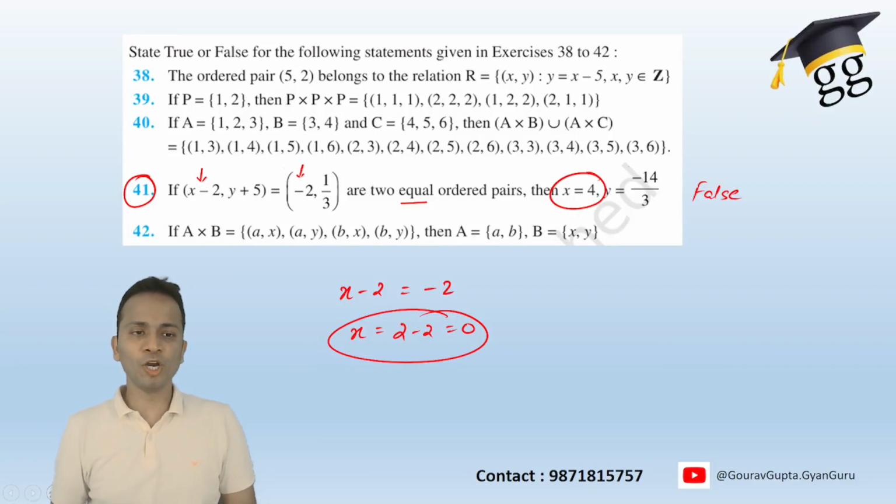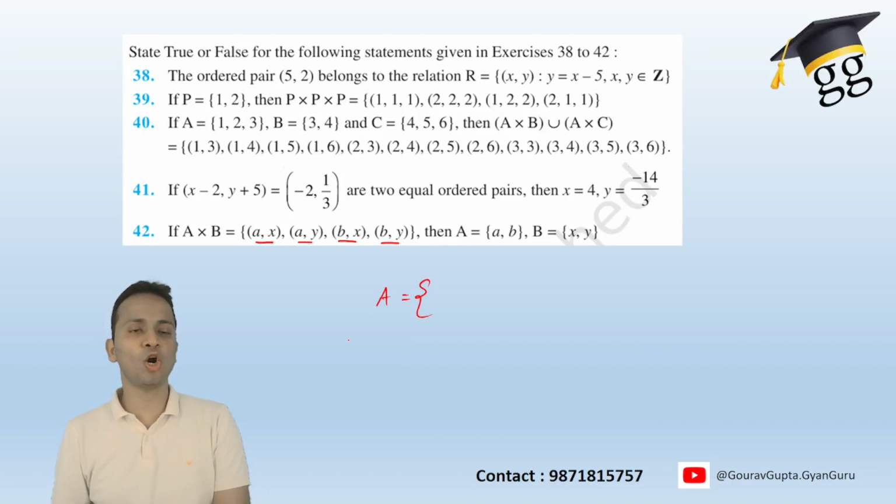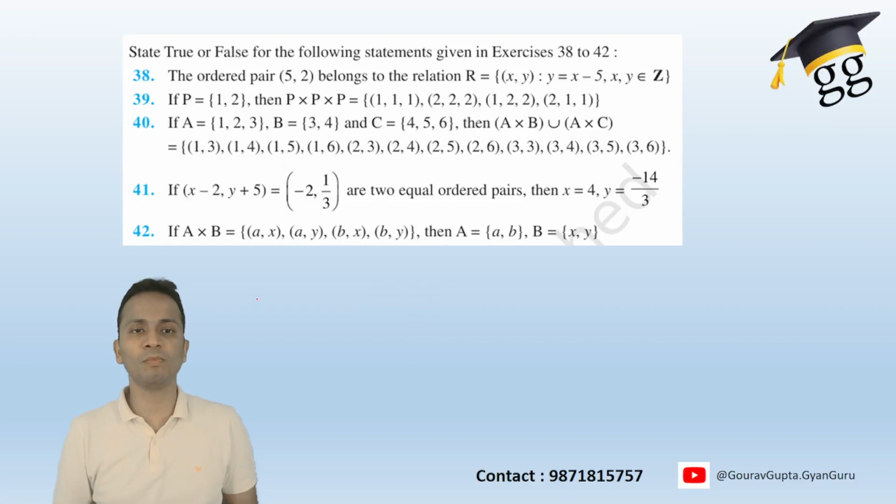Done. Now moving on to the last question of this exercise. The Cartesian product A cross B is given as A comma x, A comma y, B comma x, B comma y. And then we have to find what are set A and set B. Now set A is defined by all the elements which form the first part of each of these ordered pairs. So I have A, A, B and B as the first elements of each of these ordered pairs.